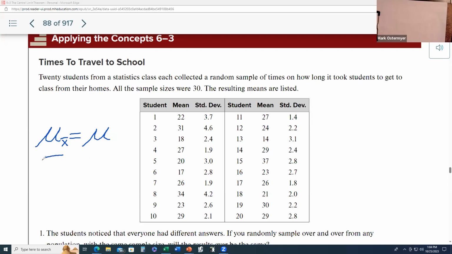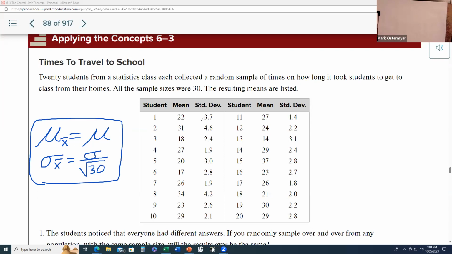And the standard error, or standard deviation of these 20 sample means is guaranteed by the central limit theorem to be equal to the standard deviation commute time of the entire population divided by the square root of the sample size, which was 30. This is guaranteed by the central limit theorem.